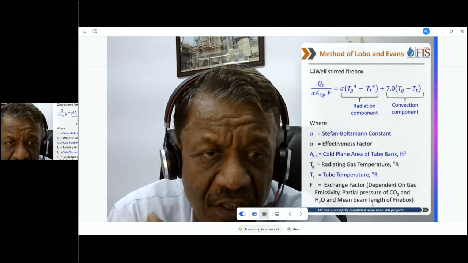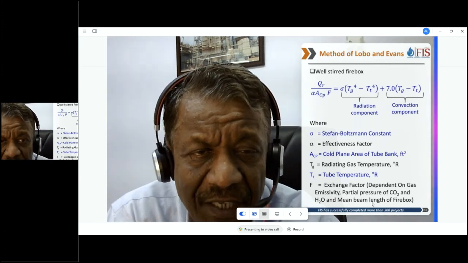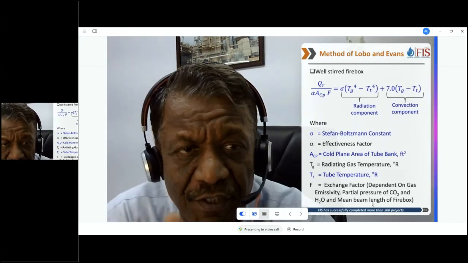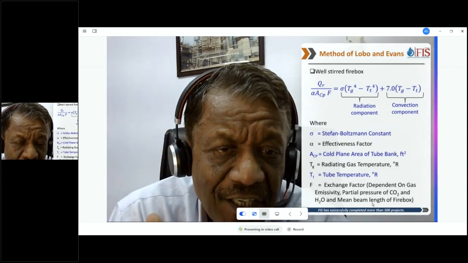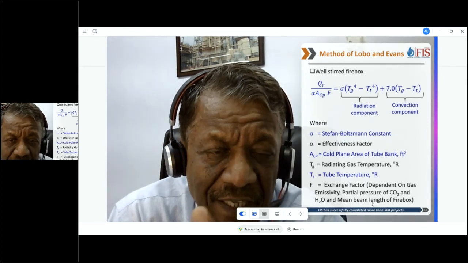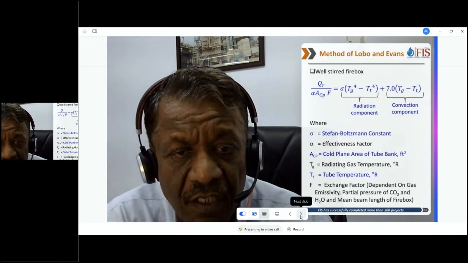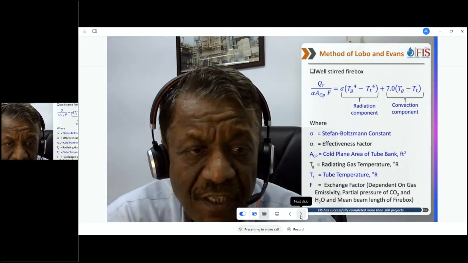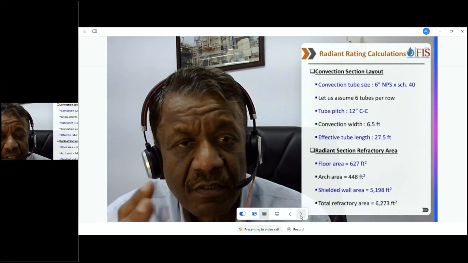So we will work on all these parameters in our next webinar, and we will solve for this equation and then come out with the details of the radiant section heat balance. So that's what we are solving. And if you have any question, please send it to us, and we will be more than happy to come back.